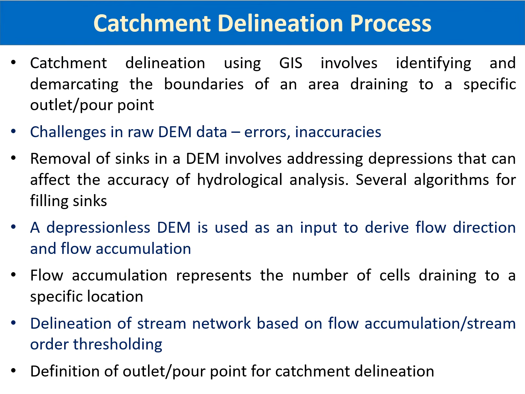So you can have the coordinates of that particular outlet point, but when you want to make use of the input DEM and the channel network for delineation of the catchment, this outlet point or the pour point has to be necessarily on the channel network that has been derived.